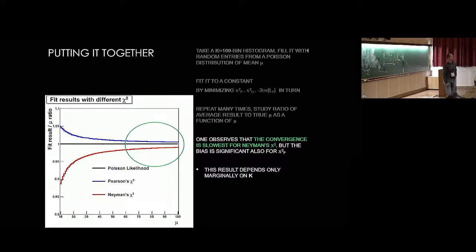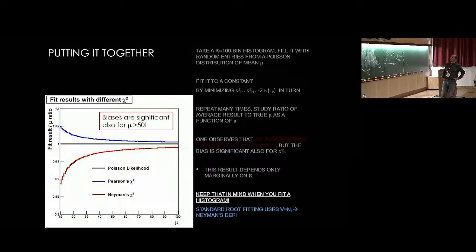If people told you that the Poisson converges to the mean when the mean value is over 25 or so, this is often said, it's an approximation, right? It's not perfectly true. You still have a bias of about 5%, both with Neyman's or even with the Pearson's chi-square. Okay.